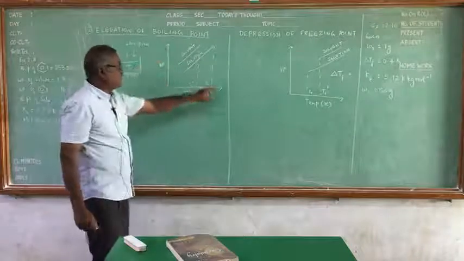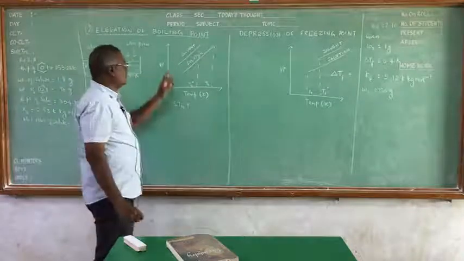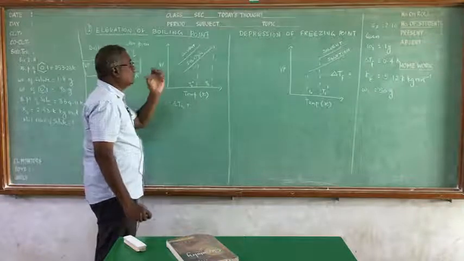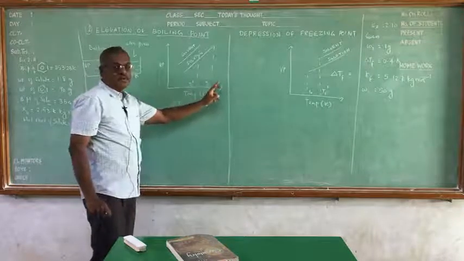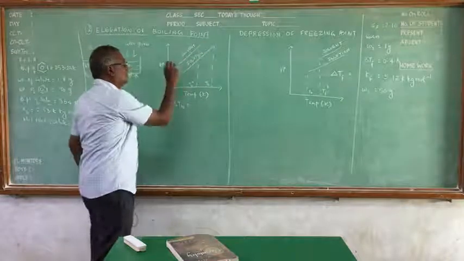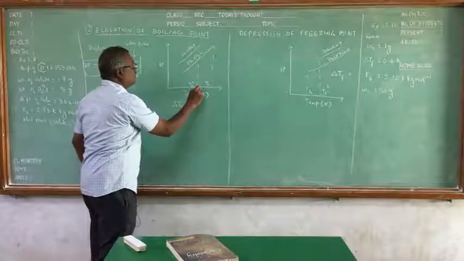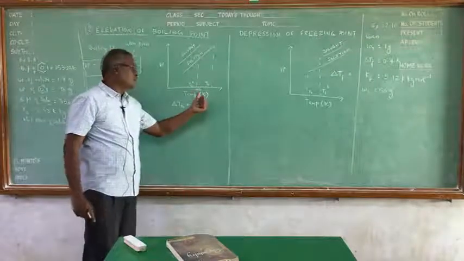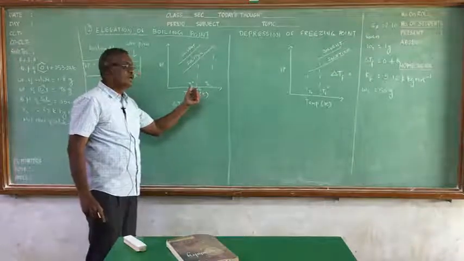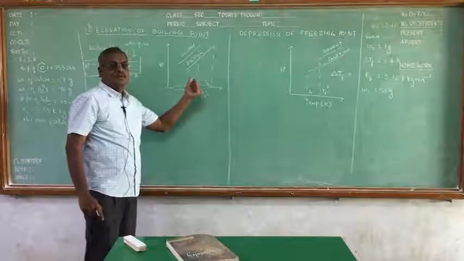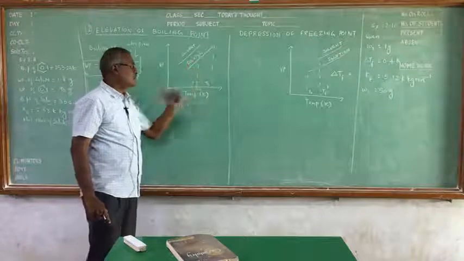Now, if I draw a diagram for vapor pressure and temperature, here I am drawing for the solution and the solvent. If I take water, the boiling point of water will be 100 degrees Celsius. That I am noting as Tb naught, the boiling point of water.